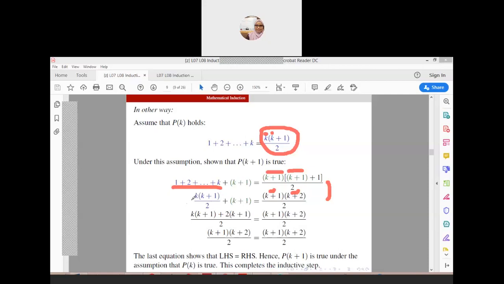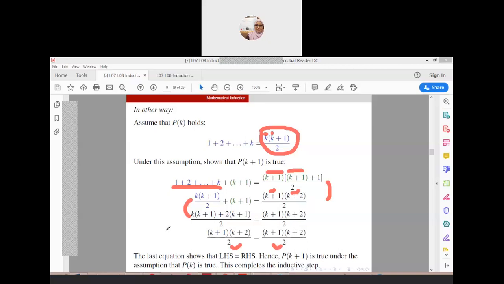You know how to get from this to this, right? So expand the equation, then we can simplify it, and it becomes k plus 1 times k plus 2 divided by 2. So the left hand side is equal to the right hand side. So it's true for the inductive step also.